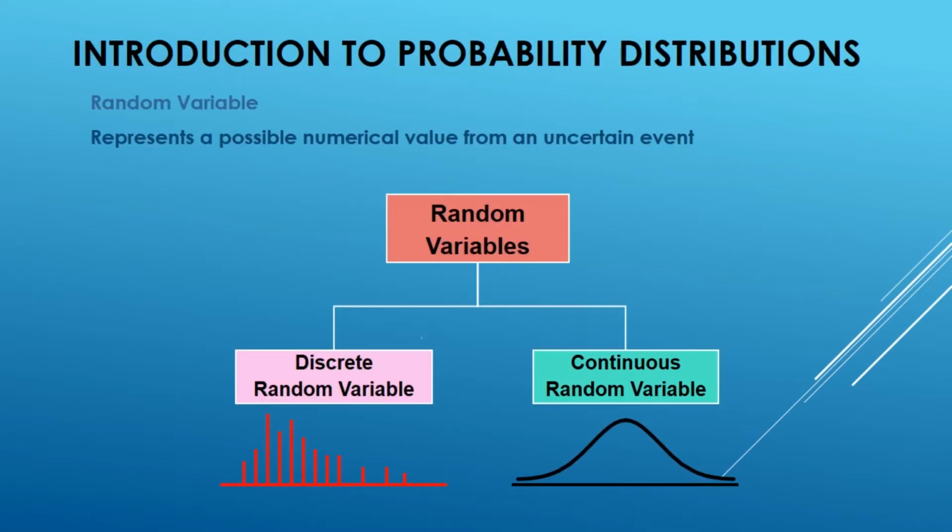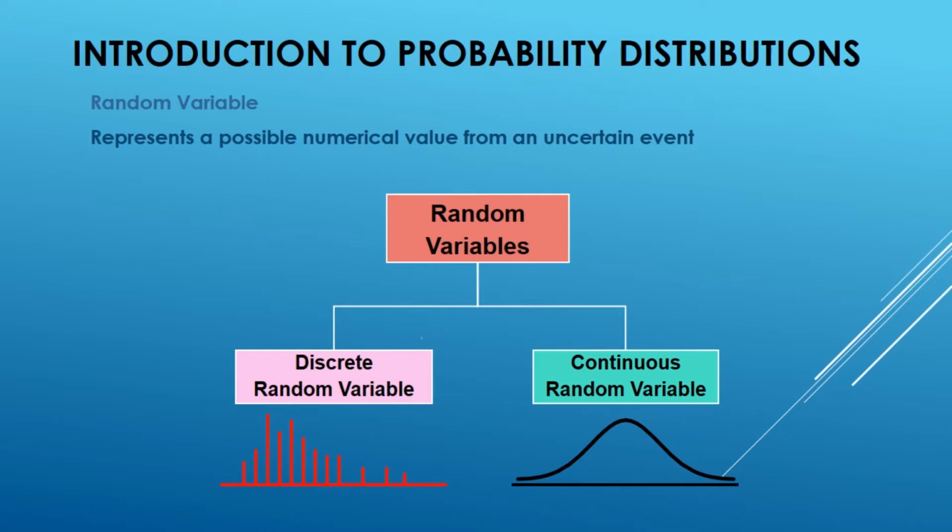When you look at the random variables that we're going to study, we're going to mainly focus on what we call discrete random variables, or the random variable could be continuous. On the discrete random variable, the information can be presented in a graph with individual bars.